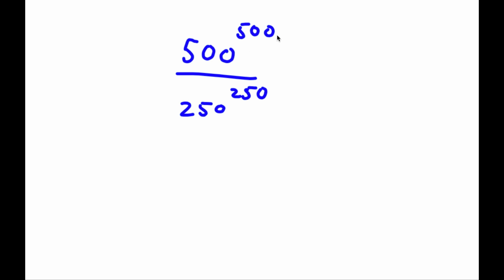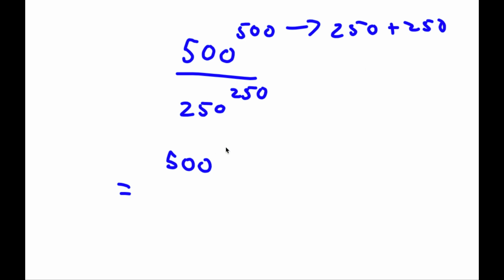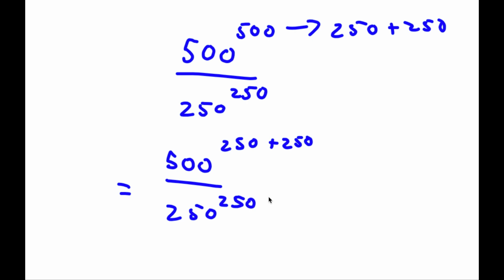500 to the power of 500 over 250 to the power of 250. So now this can be written as 500 to the power of 500 here. This is the same thing as 250 plus 250. So now I have 500 to the power of 250 plus 250 over, I'm not going to change anything for now, so 250 over 250.